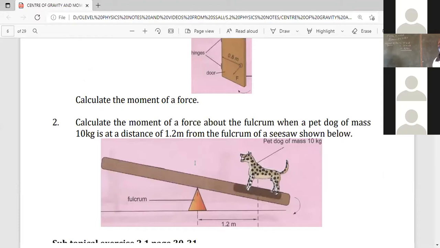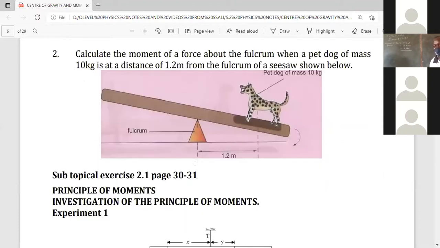Yes, question two. Still, these diagrams are just from a textbook, so you don't have to draw them. It shows a dog on a beam balance, I mean, on this beam or seesaw. Okay, question two. Someone read for us, and then we go through it very fast.